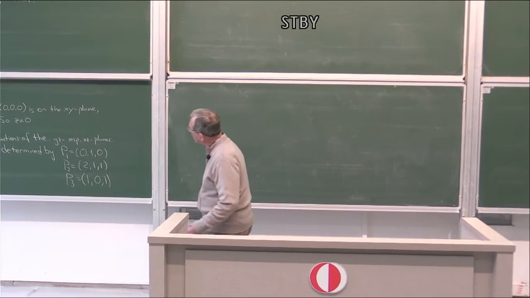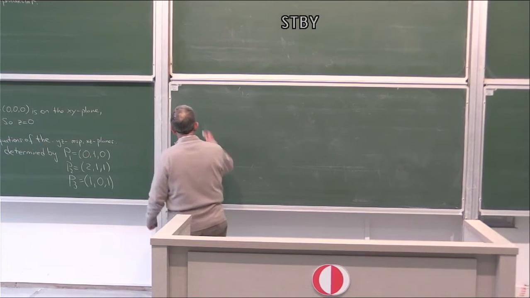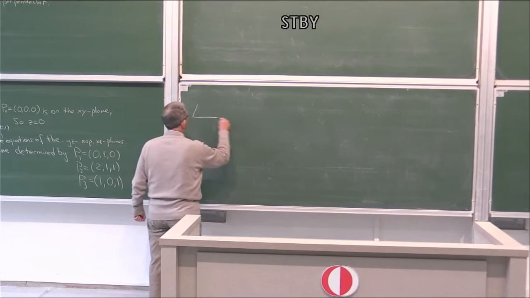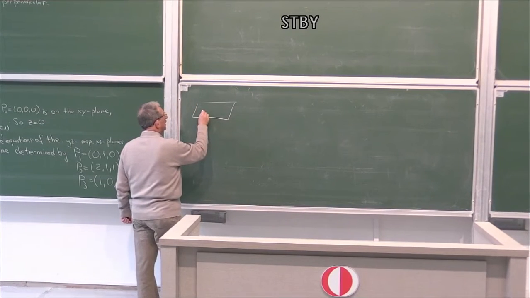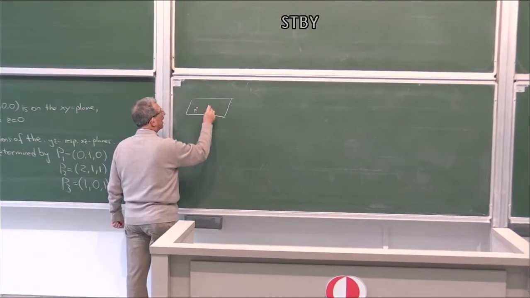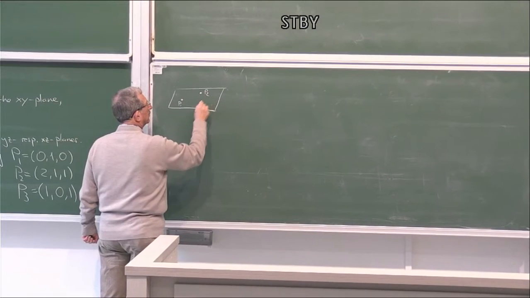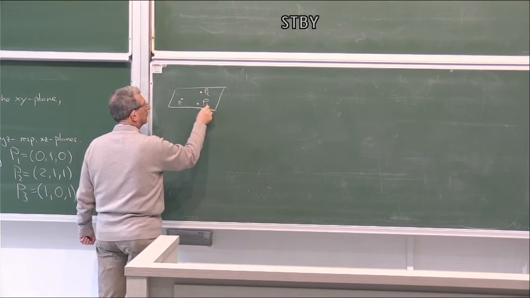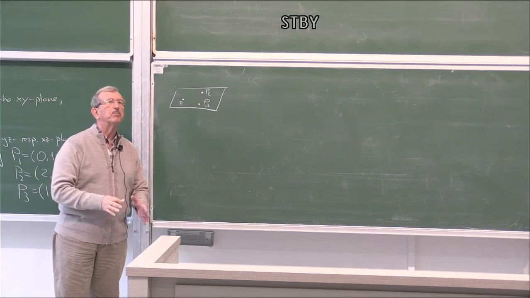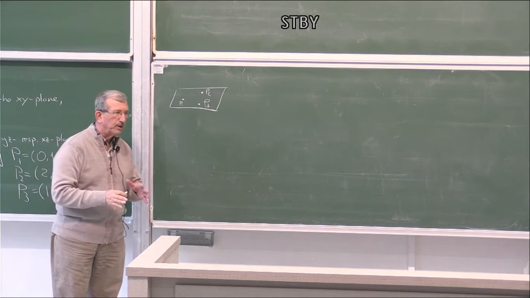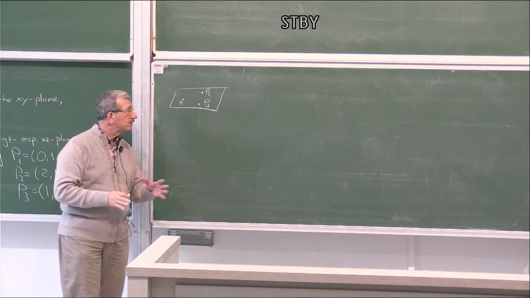Let us look at the picture a little bit. We have a plane to be determined, and we have 3 points on it. Now, to write down the equation of a plane, we need 2 data. One is a point.